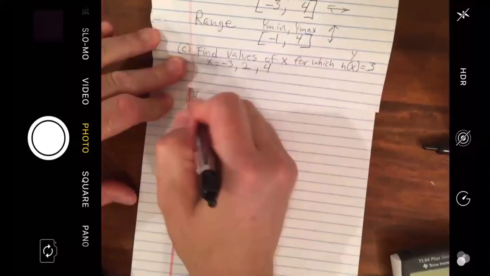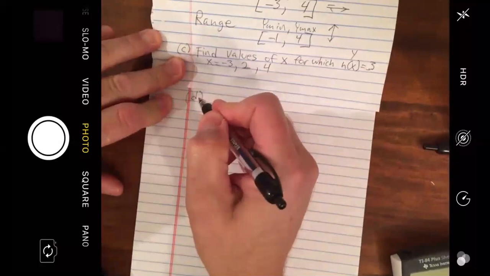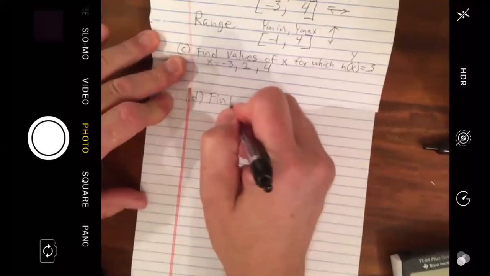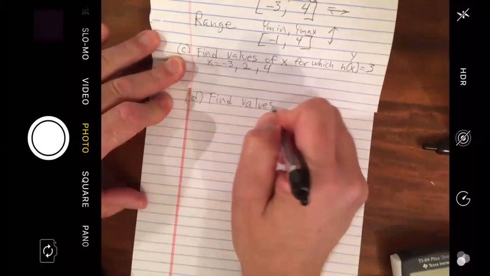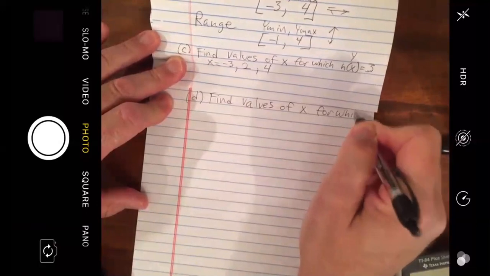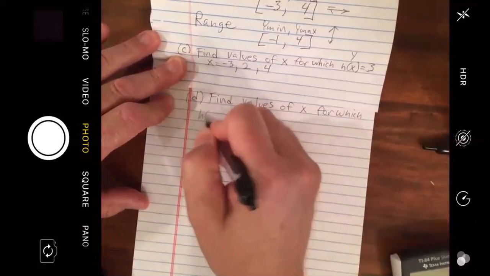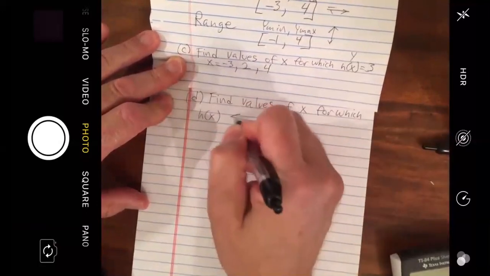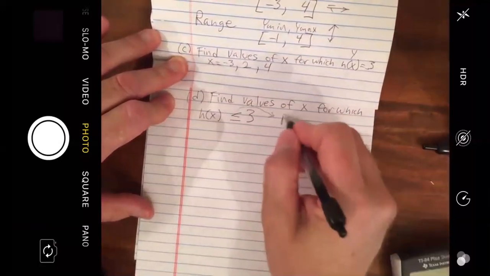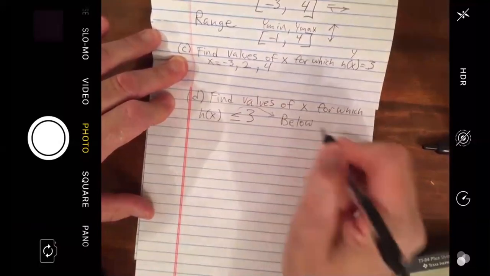See D, find values of X for which h of X is less than or equal to 3. Now that less than is going to be below 3.